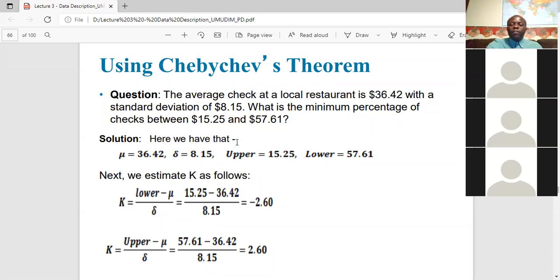For this, we're going to find the upper and lower end. We are told that the average is 36.42 and the standard deviation is 8.15. Actually, this should be the lower end; I wrote upper end by error. This is the lower end, and the upper end is 57.61.